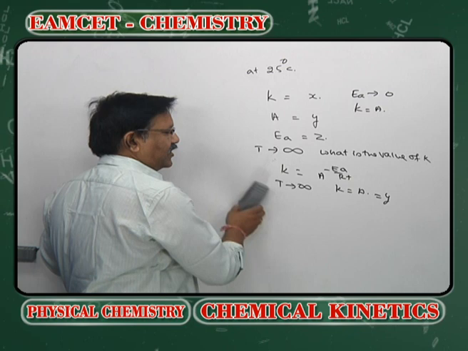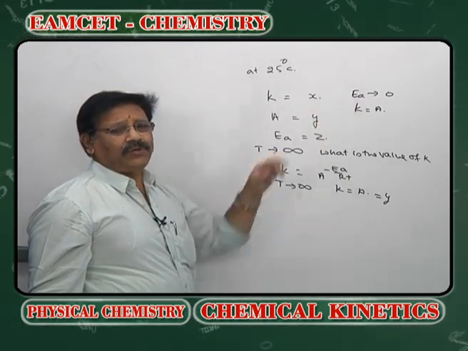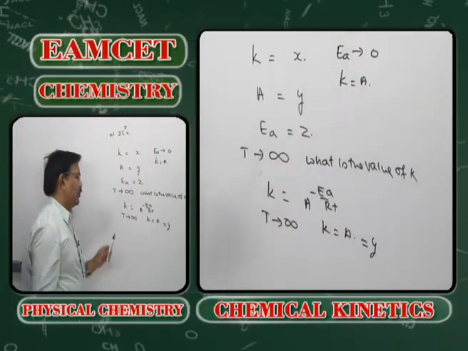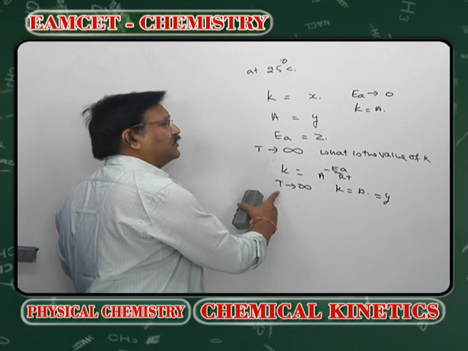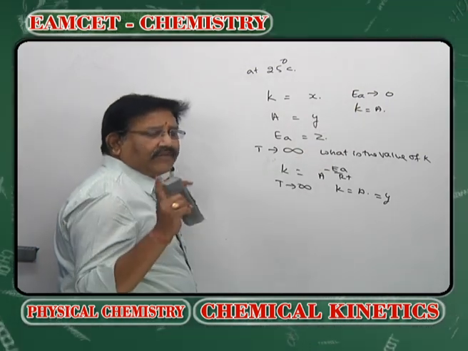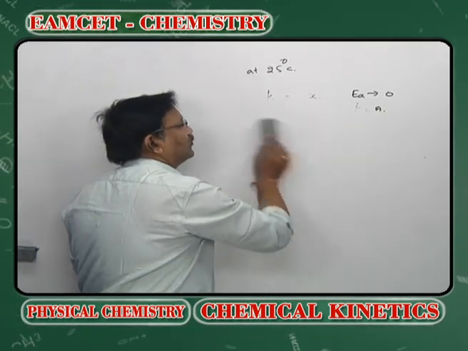That is important. In which case will activation energy be 0? In radioactive processes, activation energy will be 0. So when temperature tends to infinity or when activation energy tends to 0, the K value will be equal to A.